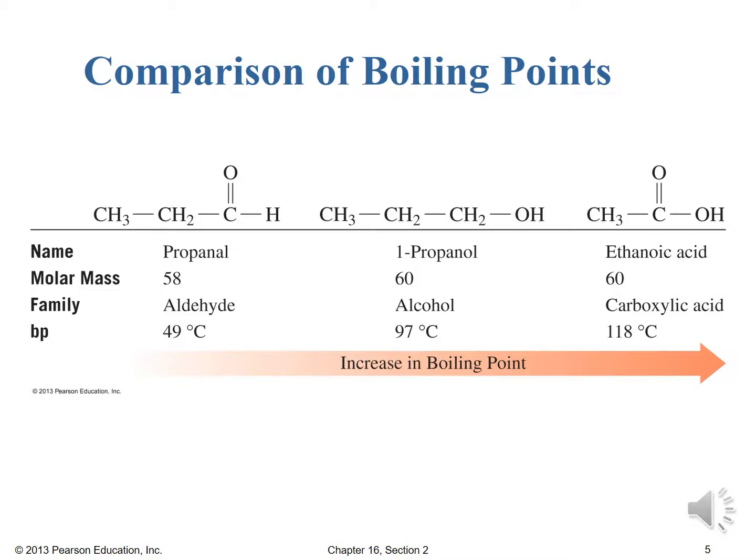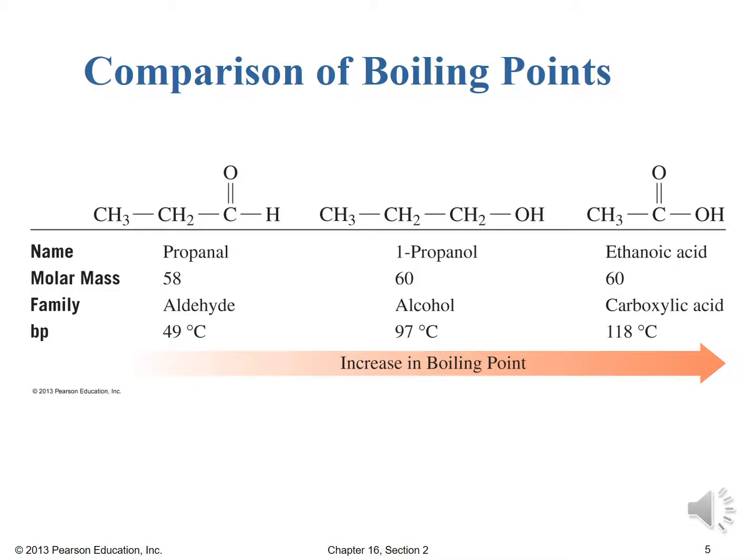But if we look at the ethanoic acid, which has that same molar mass of 60 grams per mole, now being a carboxylic acid, it has an even higher boiling point, over 20 degrees higher at 118 degrees Celsius. So very, very high for a quite small organic compound. So there we see, as we look at aldehydes, and aldehydes of course are even higher boiling than ketones.